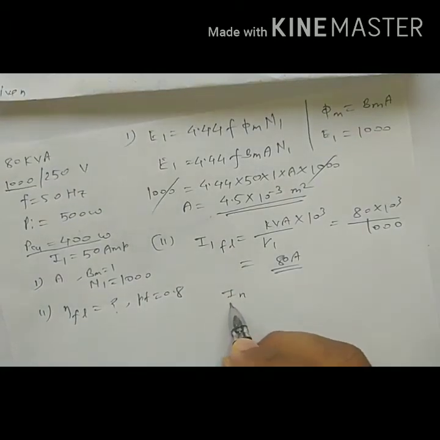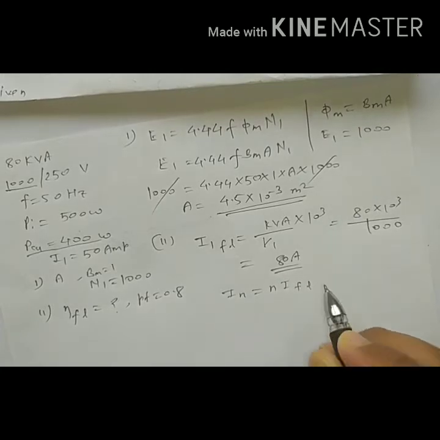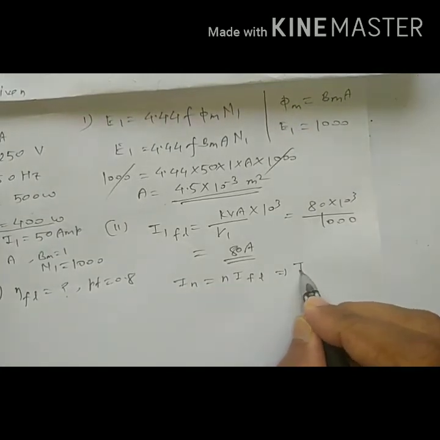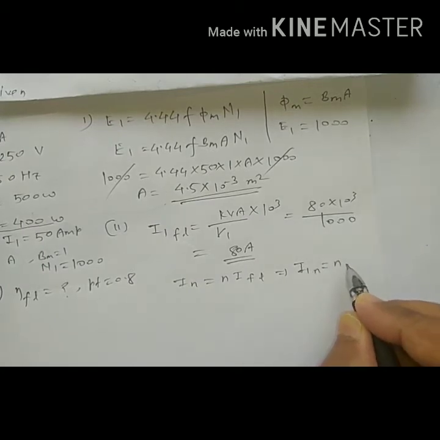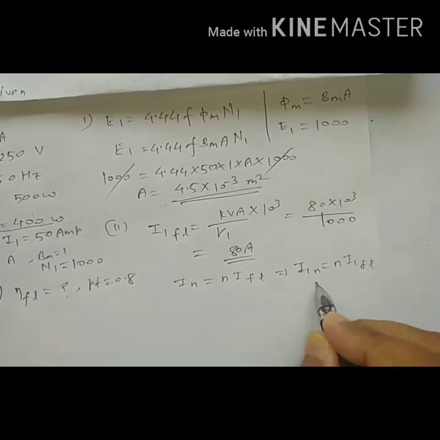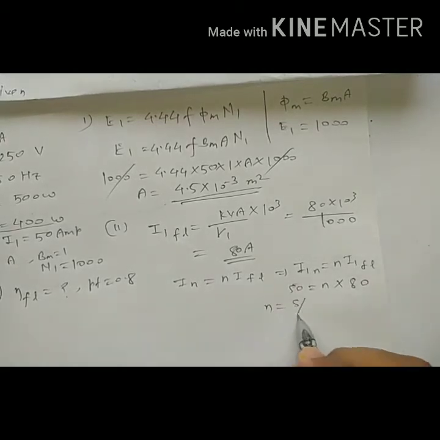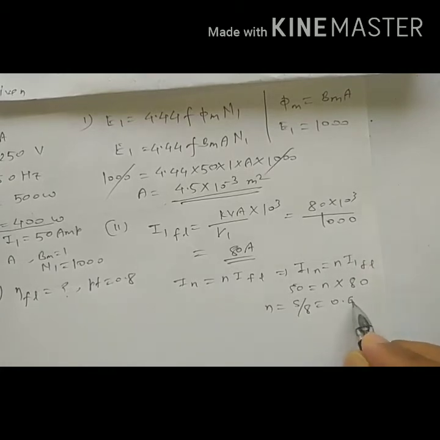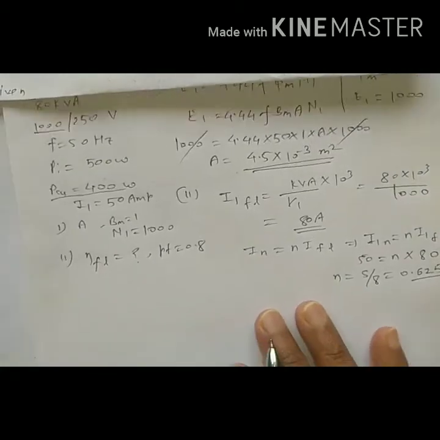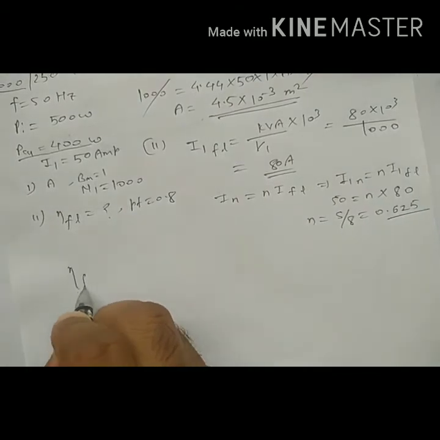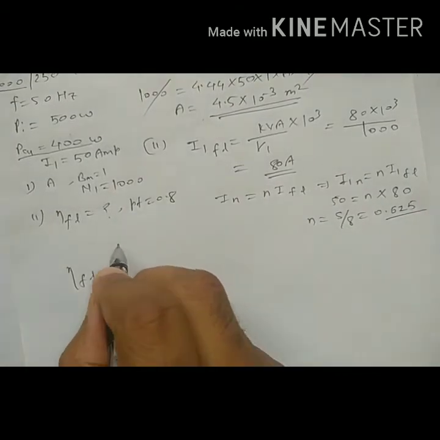We know current at any fractional load N is given by N times I1FL. So I1N equal to N I1FL. 50 ampere is given, N is unknown, and full load current we have just calculated. So N comes as 5 by 8, that is 0.625.